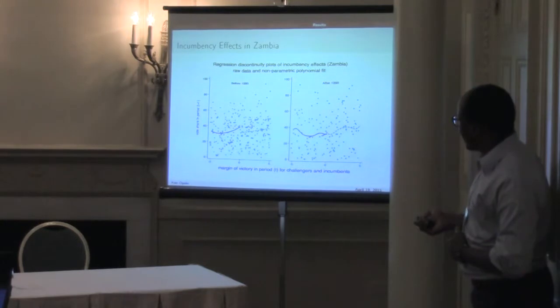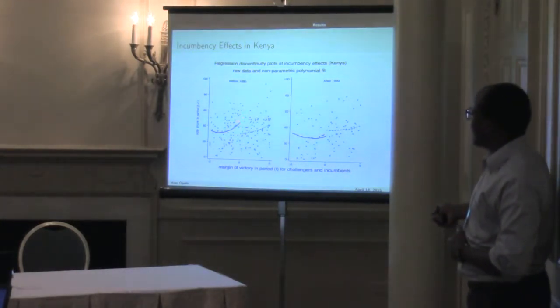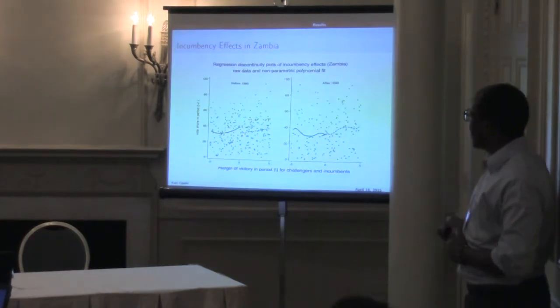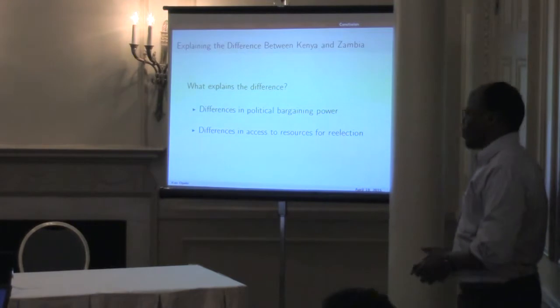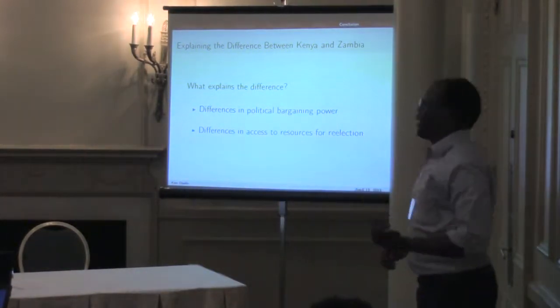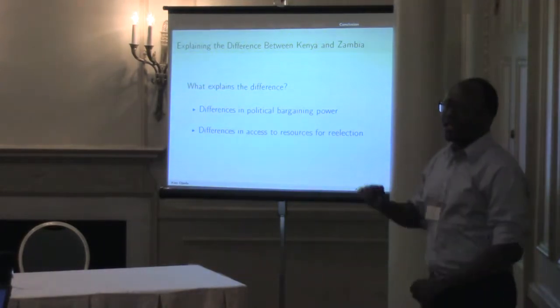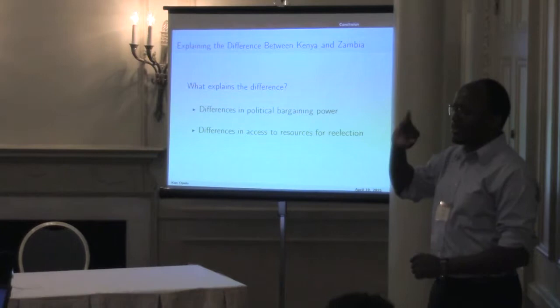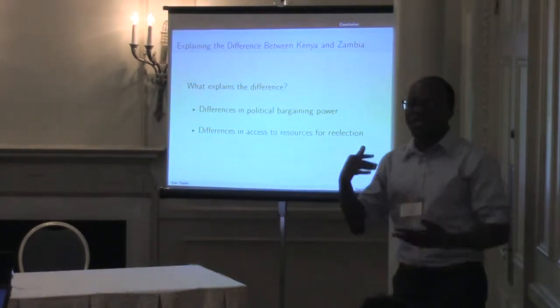And this is just to show you the jumps that I'm talking about. Incumbents are disadvantaged in Kenya, and it flips. In Zambia, it flips, but not by a lot. And so I'm explaining these differences by saying that for a long time we've studied incumbency advantage by looking at just the relationship between the voter and the MP, saying that MPs are effective and therefore they get voted out every year.